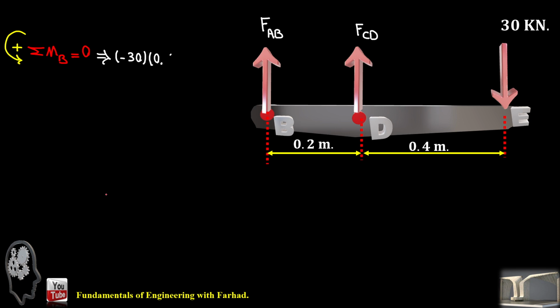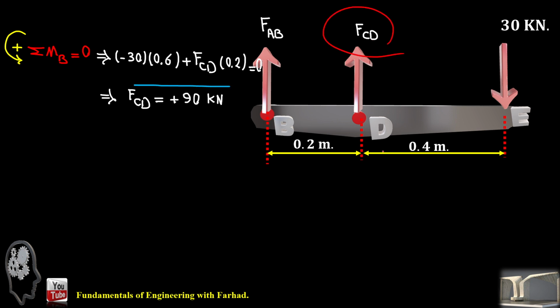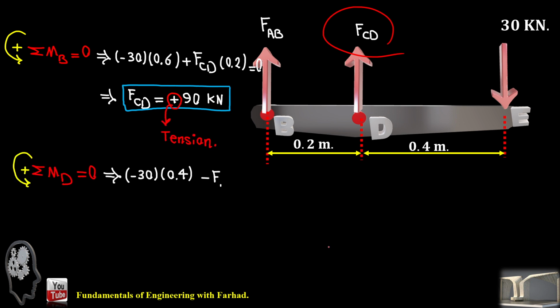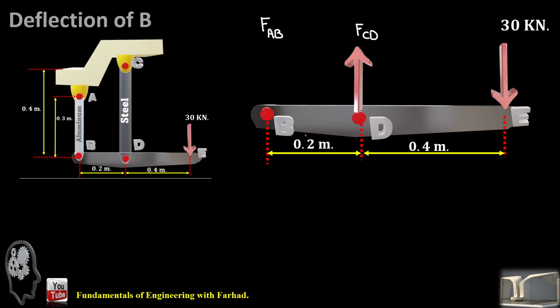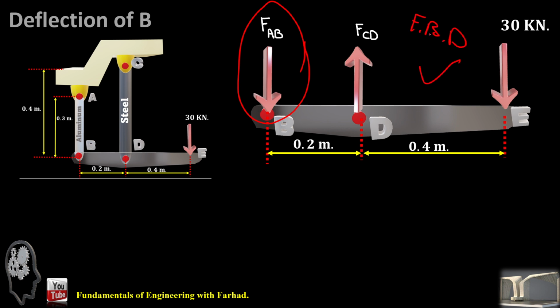So by jotting down the moment equilibrium about point B, we can get FCD, and that's a positive 90, which means that's a tensile force. And by summation of moment about D goes zero, FAB is a negative 60, and negative means that's a compression. So by flipping the arrow at FAB, it gives a correct free body diagram of what we are drawing here.